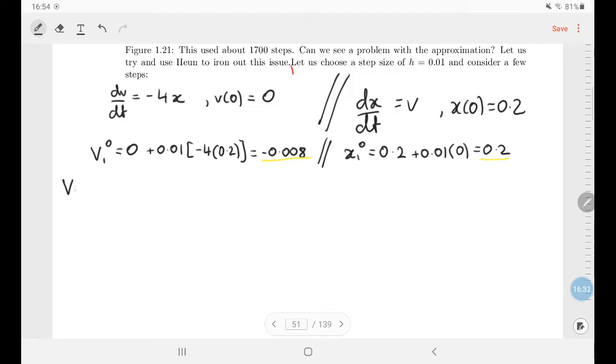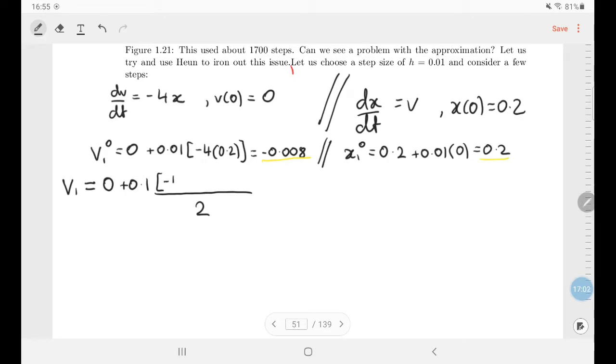So the next v value, according to Heyn, now what's Heyn going to do? For a start, it's going to take the previous v value, which is 0, plus the step size, but now it's going to average two slopes: the previous slope and the predicted next slope. So what is the slope of v? It's minus 4x. What's the previous x value? 0.2.